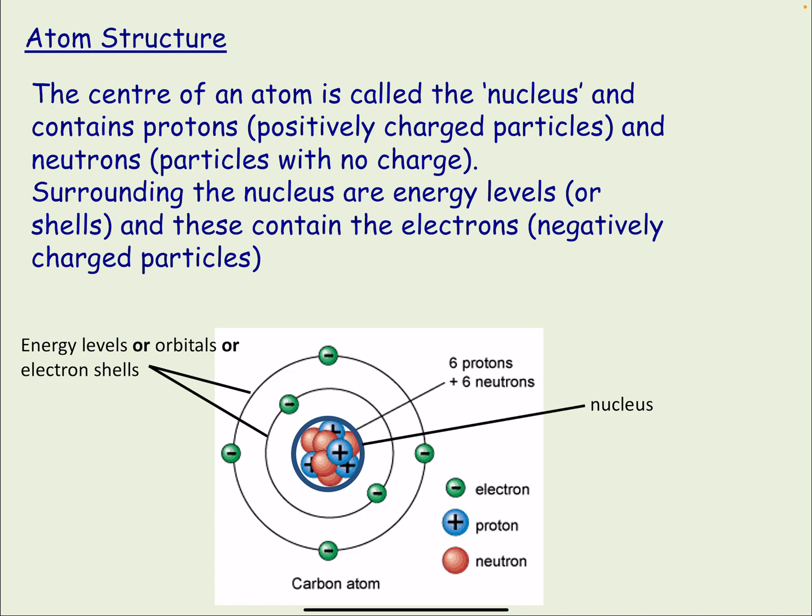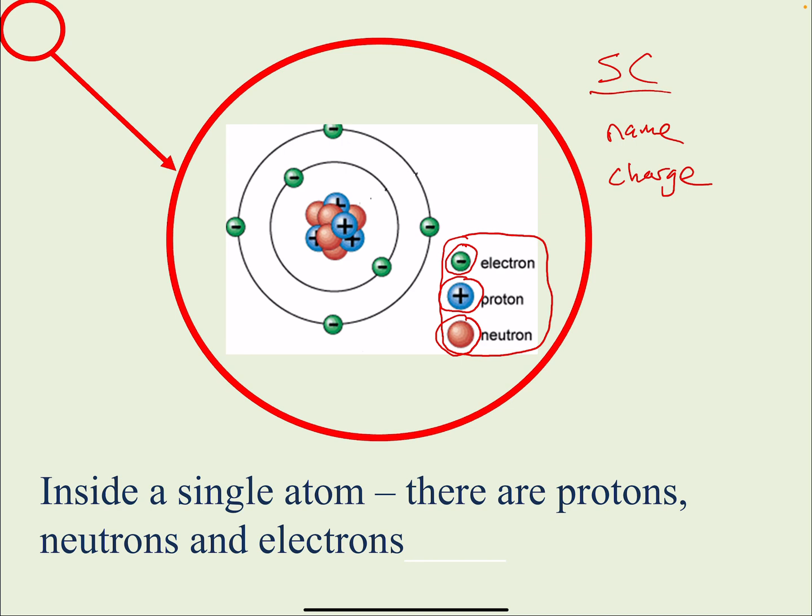Now we're going to find out where they are located. So I'll just go back here. This bit in the very centre, where the protons and neutrons are, we call that the nucleus. That's the very centre of an atom. Only protons and neutrons are found in there, nothing else. Electrons are located in these outer two rings here, and we don't call them rings.